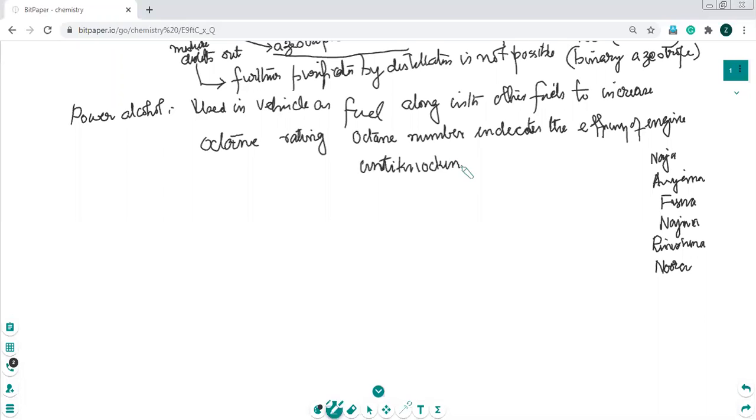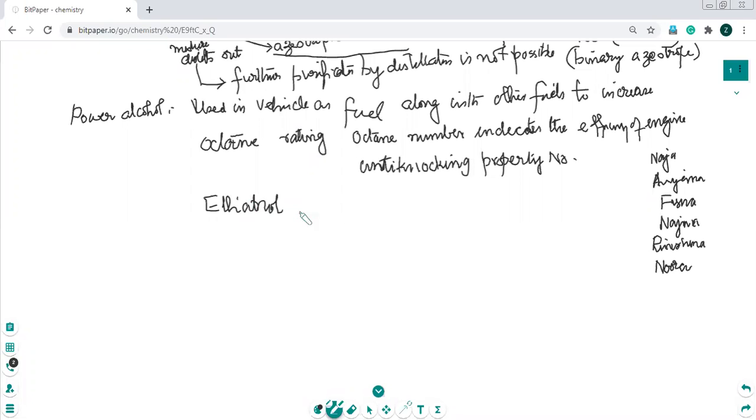Anti-knocking property is indicated by octane number. That means ethanol is having a high anti-knocking property. So addition of ethanol will increase the efficiency of the engine.